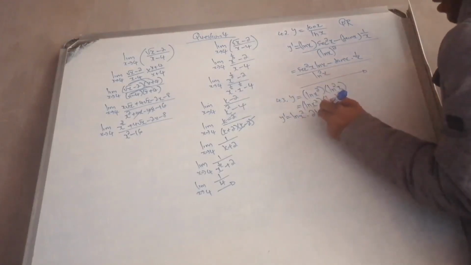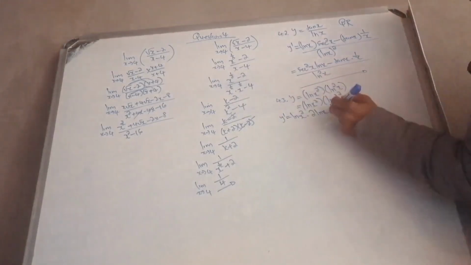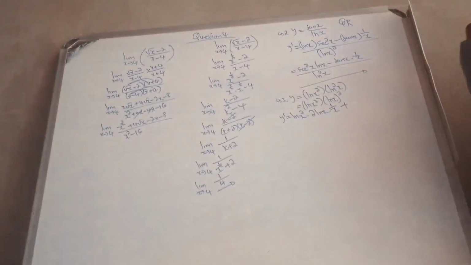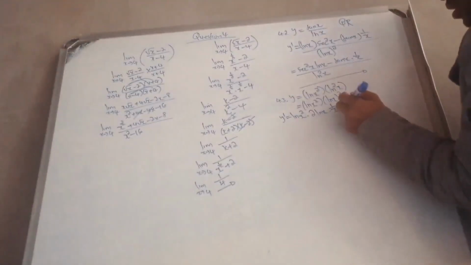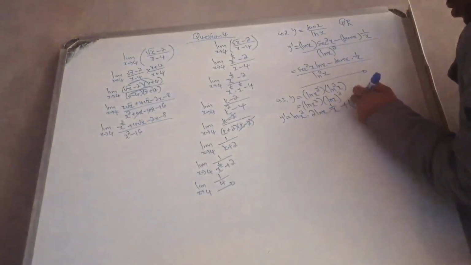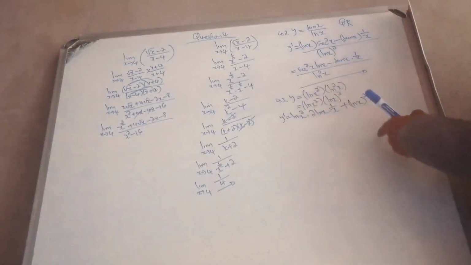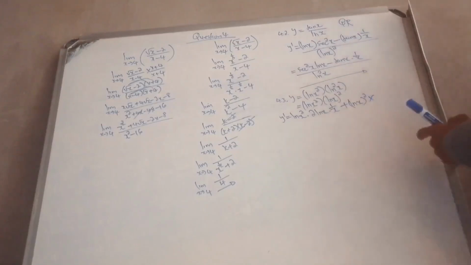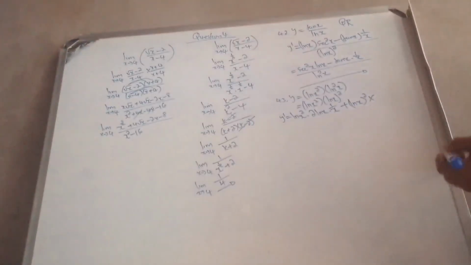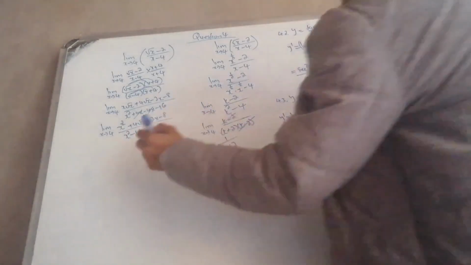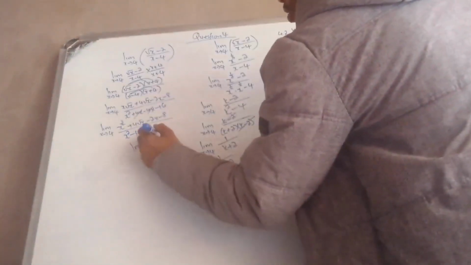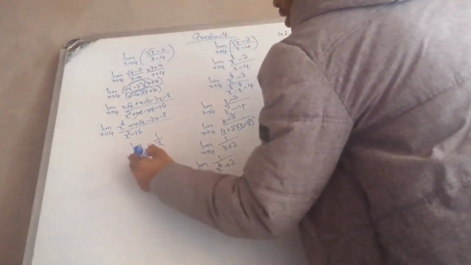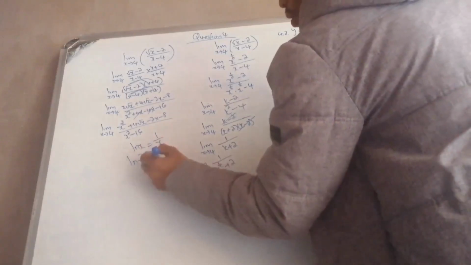The derivative of ln x is 1 over x, plus, I will hold on this time ln x squared, and differentiate ln of x squared. Now, how do I differentiate ln of x squared? That's the question.